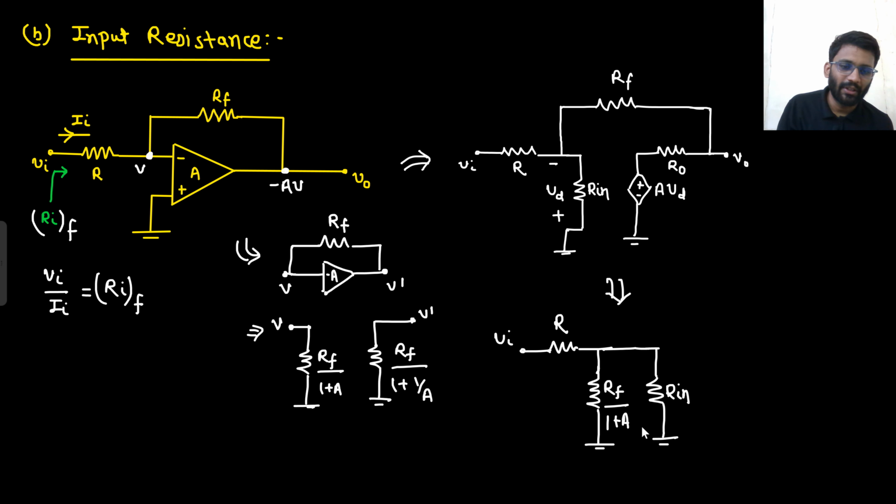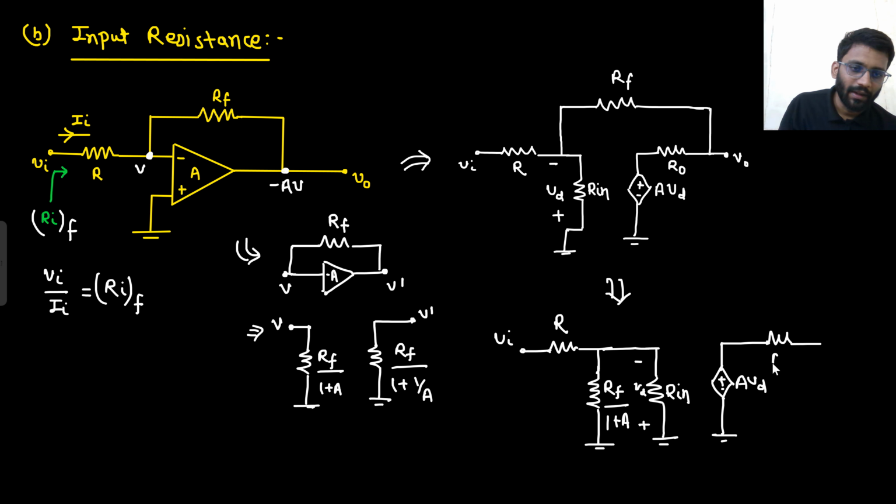Now whatever the VD potential is here, that is of no use. Whatever the VD potential is there, that will be amplified with the factor of A. Then you are having an R naught, and from that R naught you are getting this RF upon 1 plus 1 by A. Say yes or no. Right?